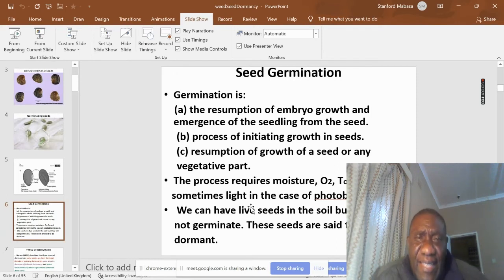So, what is the seed germination process? There are three things. A, germination is the resumption of embryo growth and emergence of the seedling from the seed. I'm sure we are quite familiar with this process. B, it's the process of initiating growth in seeds.